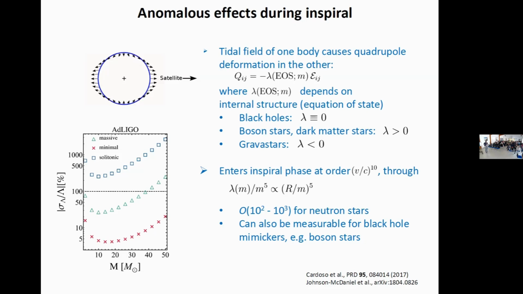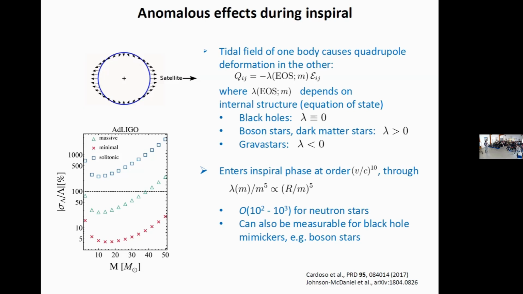Now, tidal effects, as was mentioned before, enter the inspiral phase at a very high post-Newtonian order, order v/c to the 10th power beyond leading order. So it may seem hopeless to find these things. But the fortunate thing is that the tidal deformability lambda enters through the combination lambda divided by mass to the 5th power, and that can be quite large.